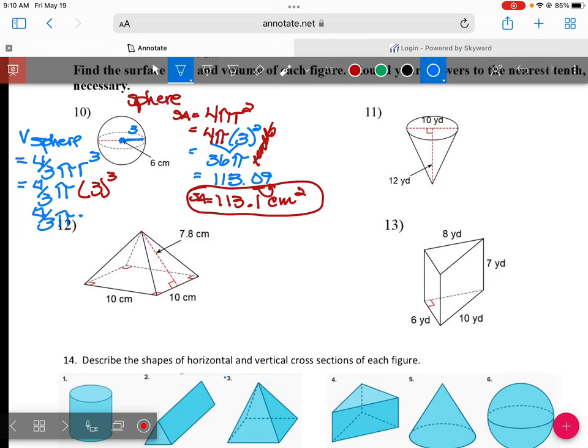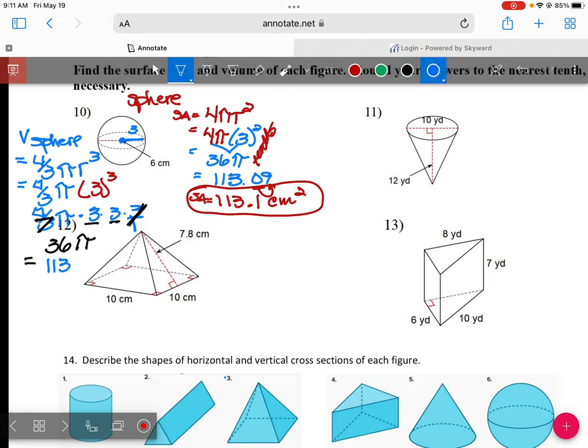And this is going to be a little weird. Because this 3 is on the bottom, and here I have them on the top, this 3 in my denominator is going to simplify out with that 3 on top. And when I multiply it, I get 4 times 3 times 3 is 4 times 9 is 36 times pi, which gives me the same answer of 113.1 centimeters cubed.